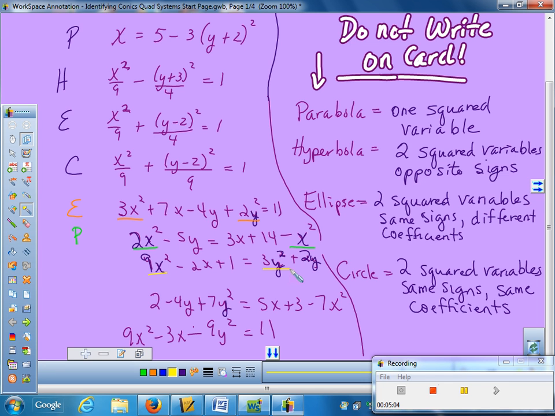Do they have to be on the same side before you can decide? Yeah, they do. I need both squared variables on the same side of the equal sign because otherwise I can't tell the positives and negatives. So I'd actually have here 9x squared, and if I brought that over, it'd be minus 3y squared. So since they're subtracted, yeah, it's a hyperbola.